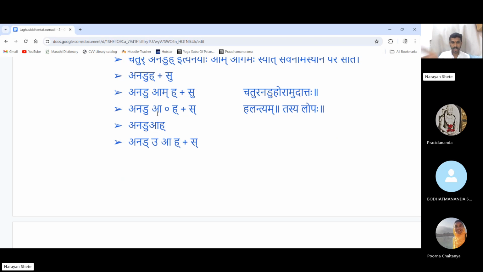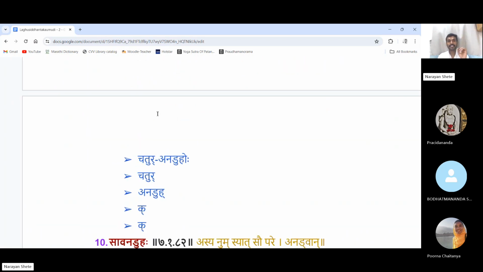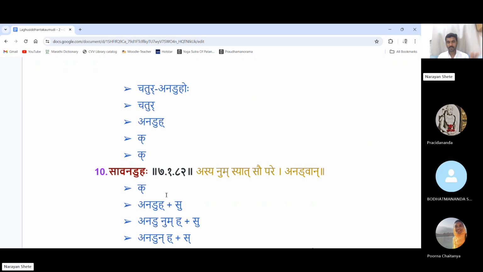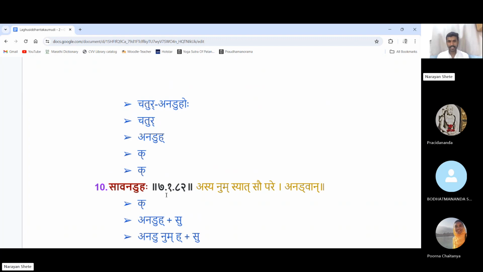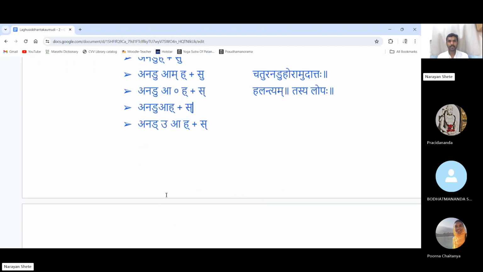Anadu, a, ha, and sa. In this situation, the next sutra, savanaduha, we will apply. That will bring num. Now here, the antya ach is this akara. Of course, the sandhi will take place, that we will see. But antya ach is akara, so num will come after this.